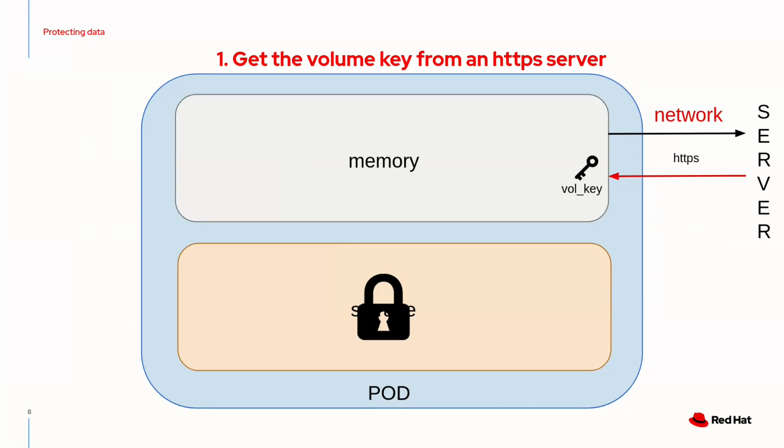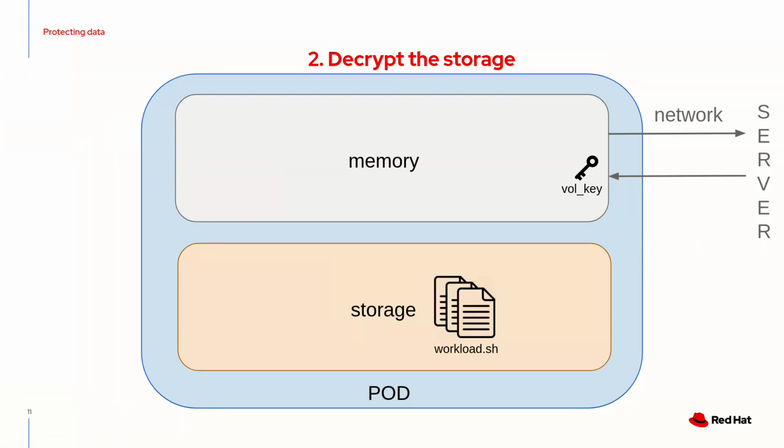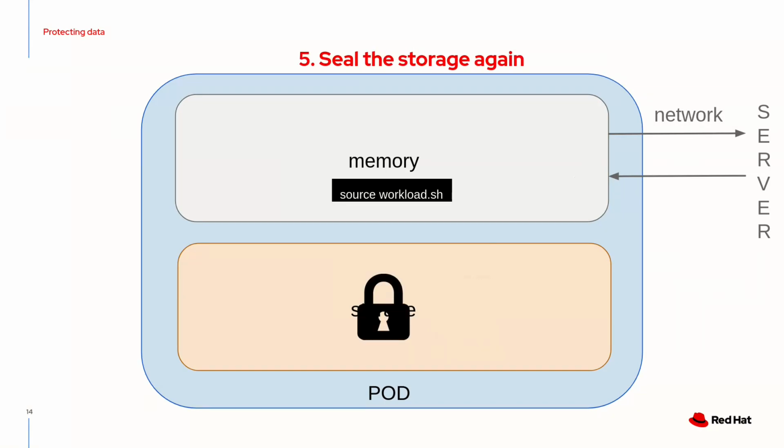It is fetching a key from the server called volume key, and it is using this key to decrypt a storage, a volume that is attached to the pod, to get the data inside of it. Inside of this storage, we have a workload, which is then run, and obviously runs in memory. After running the workload, the key is deleted and the storage is again sealed.